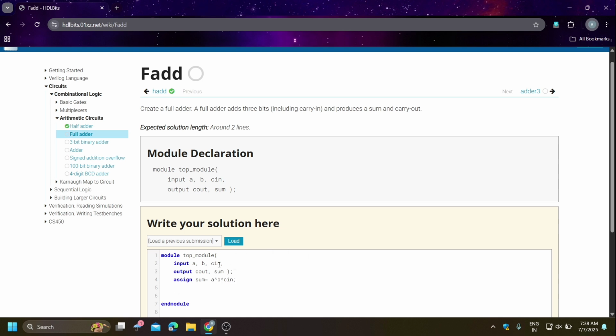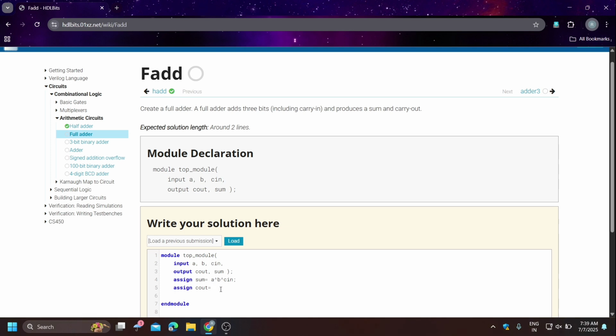Next, for C out, what is the expression? Assign C out equal to, so here what is the expression for this C out? AB plus BC in plus AC in.